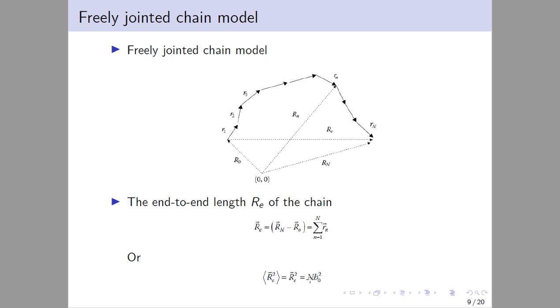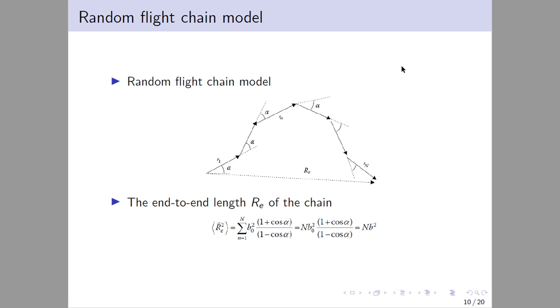And n is the number of monomers, the number of these C, C. So we can see the initial carbon and the final carbon, and the distance between that initial and final carbon.